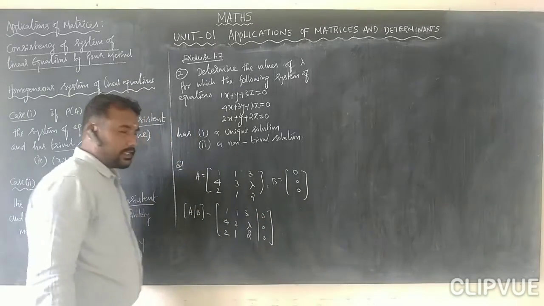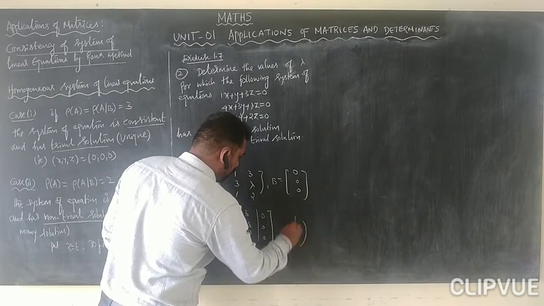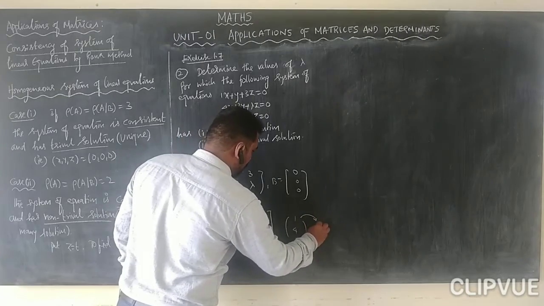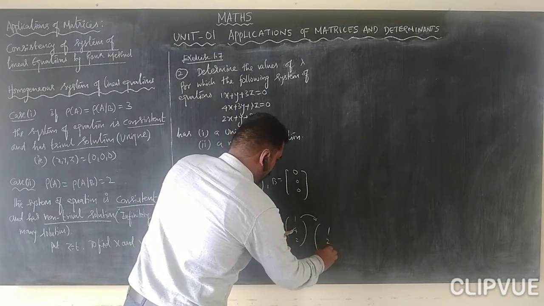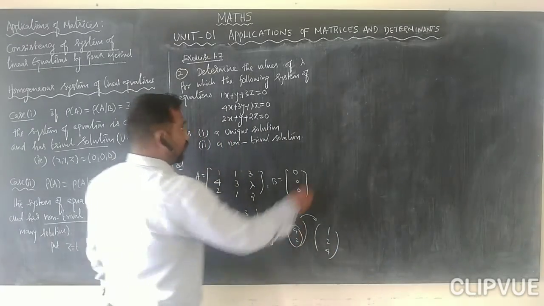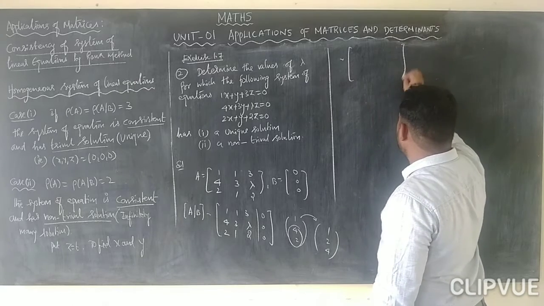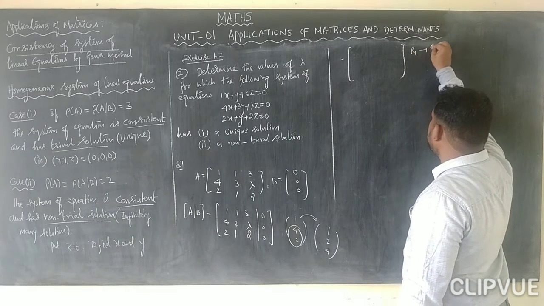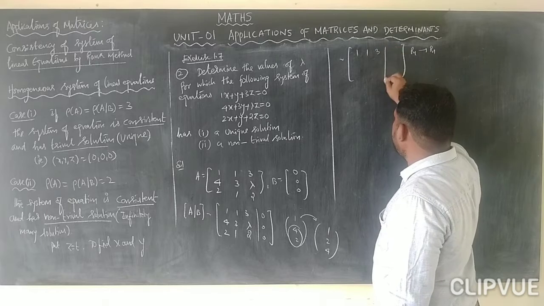Okay. First, the conditions. In column 1 we have 1, 4, 2. Rearrange the numbers in ascending order: 1, 2, 4. These two terms are rearranged. Therefore R1 stays R1: 1, 1, 3.